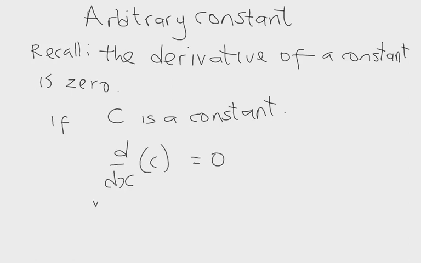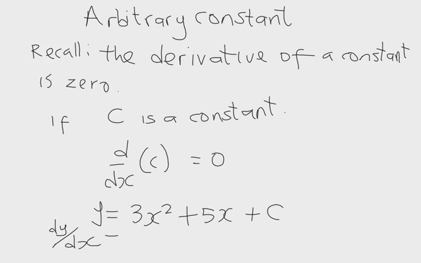That means when you have the function y, if it's something like 3x squared plus 5x plus 6, then dy/dx is going to be 6x plus 5, and then this one is going to be 0.